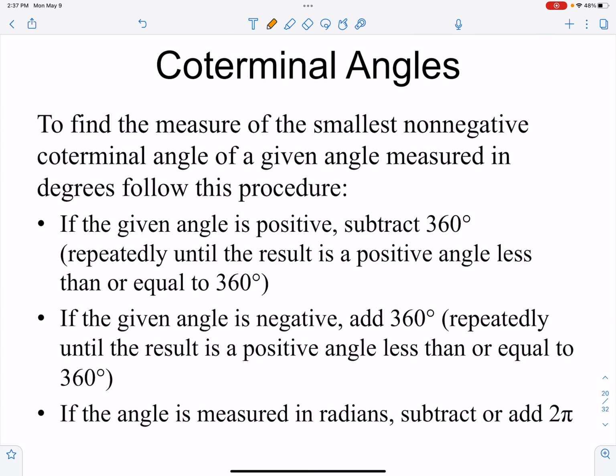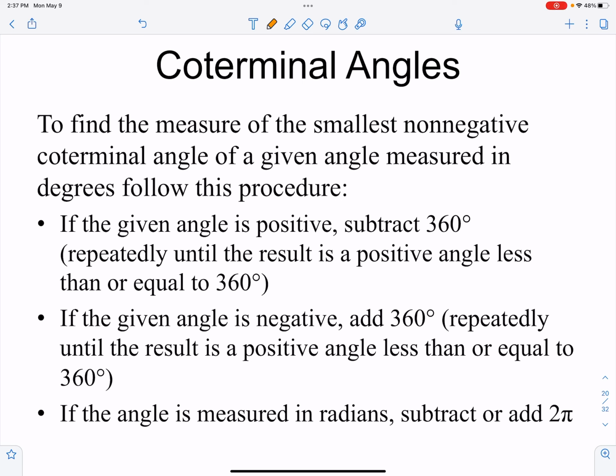It can be helpful for us to find the smallest non-negative coterminal angle of an angle, because if that smallest non-negative coterminal angle is an angle from the unit circle, then we will be able to evaluate any of the 6 trig functions for that angle.